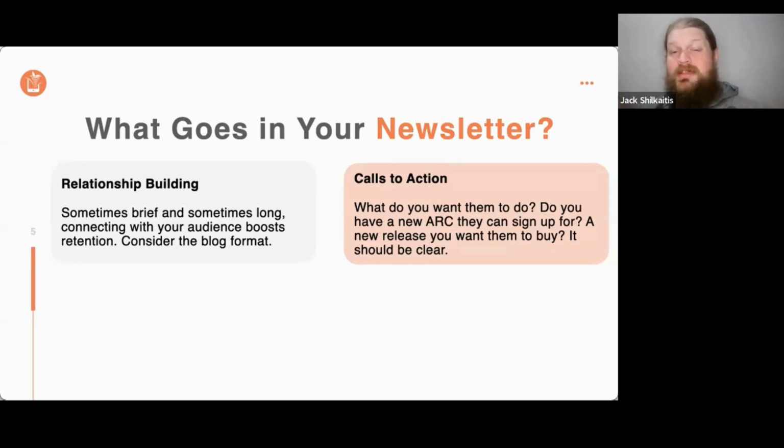I would say probably no more than 5, but about 3 to 5 is a good happy range. Because some of them might be interested in reading that blog post, but they're not interested in signing up for an ARC. And some of them might want the ARC, but don't want the blog post. And some of them want your new release, but they don't want either of the other two. And so if you give a little bit of variety, there's something there for everybody. And this will increase your click rate and all that.